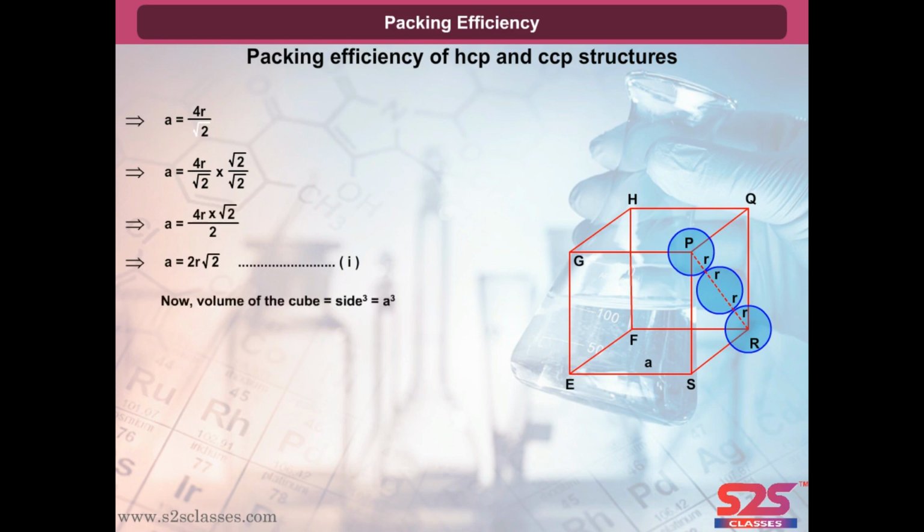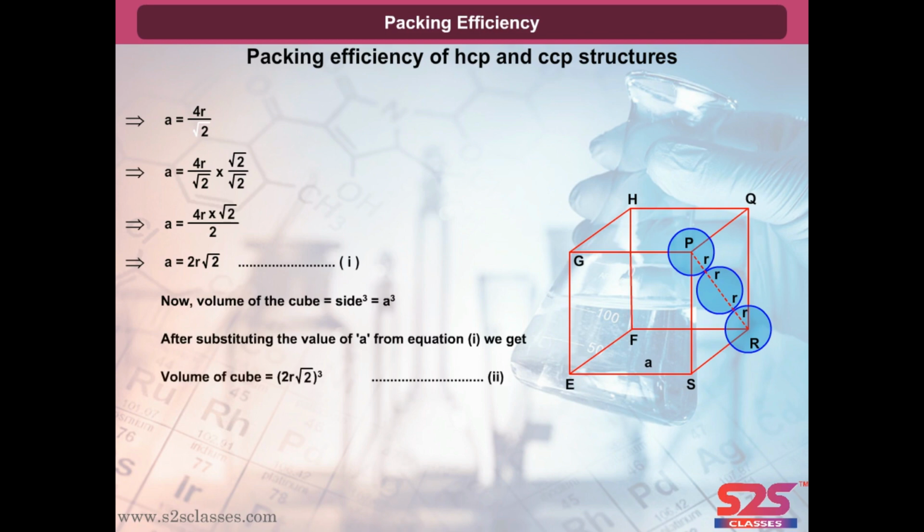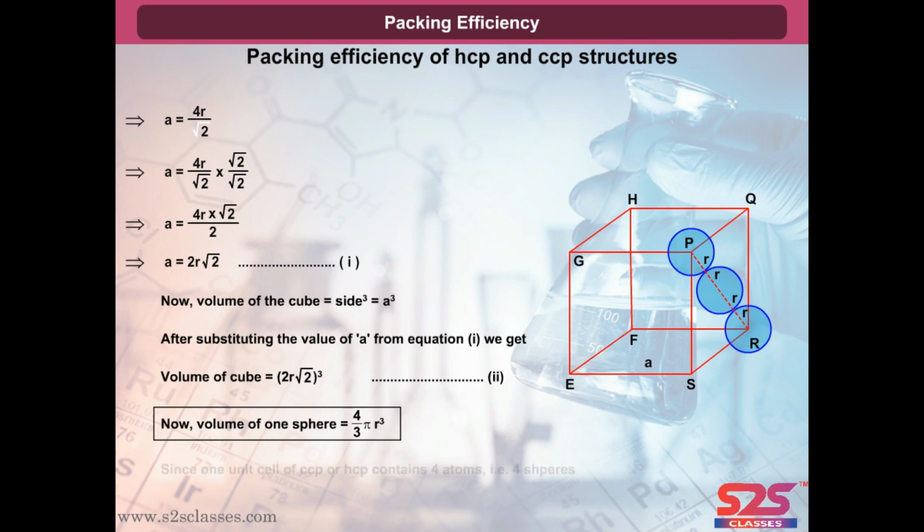Now the volume of a cube is equal to side cube equal to a cube. After substituting the value of a from equation 1, we get volume of cube is equal to (2r root 2) cube. Let it be equation 2. Now, volume of one sphere is 4 by 3 pi r cube.